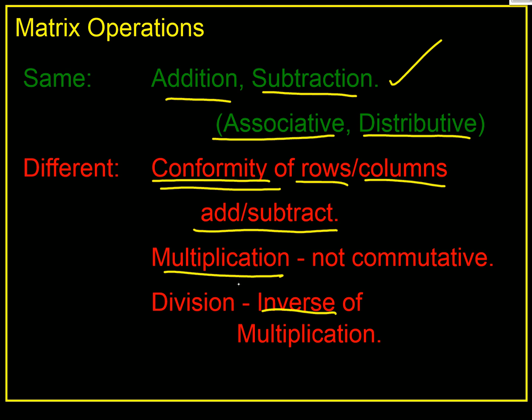For multiplication, we find that whilst it exists, it's not commutative, and we also know that we must match up again, that the number of columns in the left-hand matrix must equal the number of rows in the right-hand matrix for us to be able to do multiplication, but it's not commutative. And division I'm going to deal with in another video. So there we are, the basic operations.